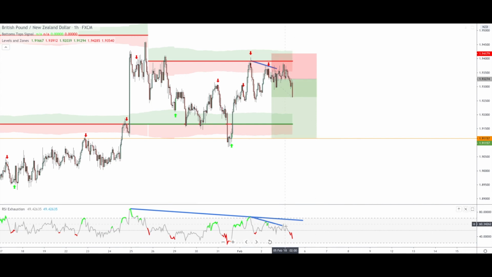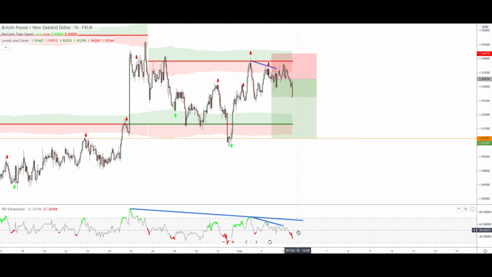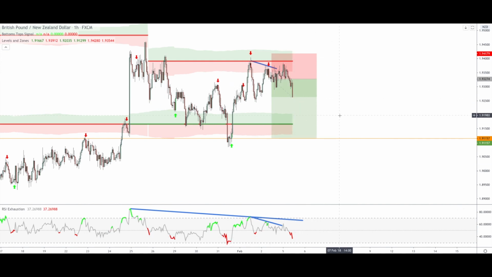I see that down here the RSI is going down, so it is moving along with the price, and it is also exhausted, bearish exhausted. This is good indeed, because it means that this price action here, especially considering that it is moving quite quickly now, is sustained by the RSI, because the RSI is moving accordingly to the price.